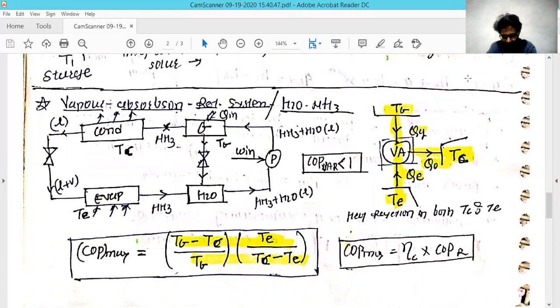And now we are moving toward the vapor absorption refrigeration cycle. This kind of refrigeration system is used for very large plants in which waste heat is going to be used. In this diagram, I would like to explain on the different charts.